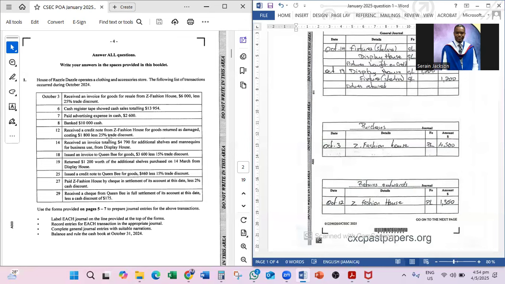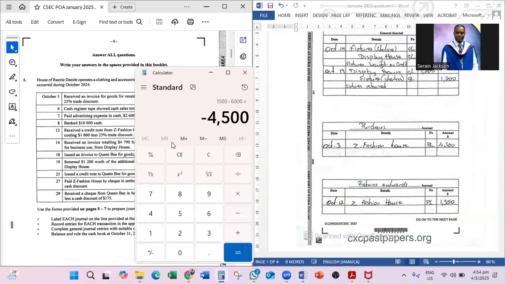All I did was calculate 25% on the 1,800, the same way that I would have calculated it otherwise. So it's 25 divided by 100 multiply by 1,800, and then you minus that from the 1,800, and you get the 1,350, because we don't record trade discounts.